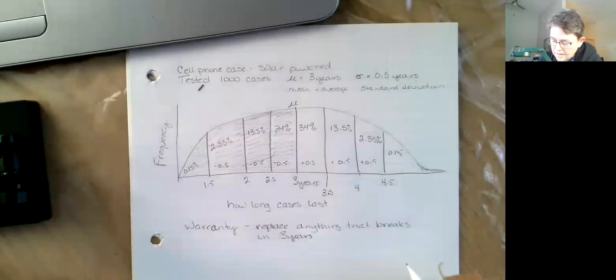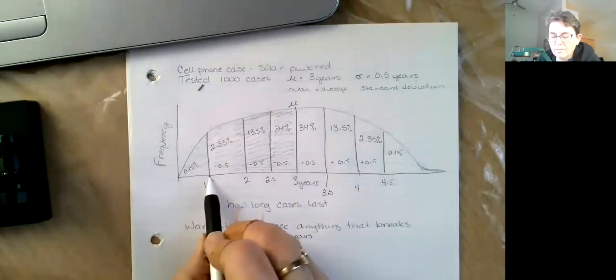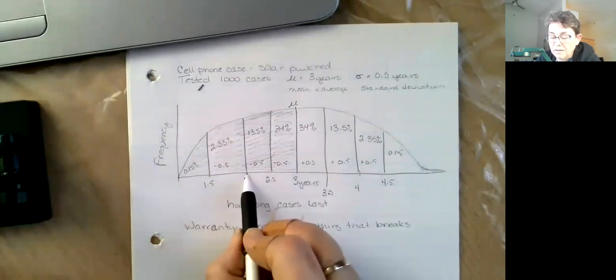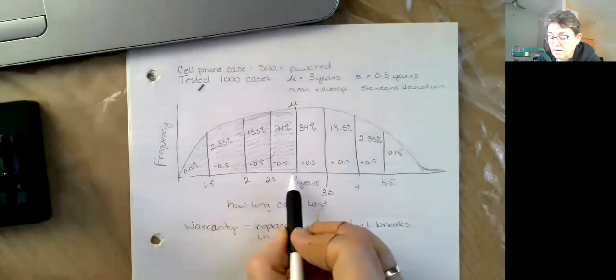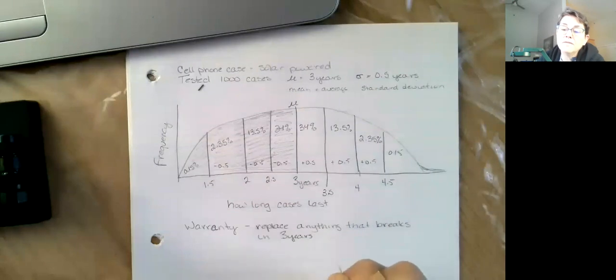And if I do that, that means I'm going to replace all the ones that break down before 1.5 years, and the ones that break down before 2 years, and 2.5, all the way up to here. So I want to see what percent of my phone cases I have to replace.